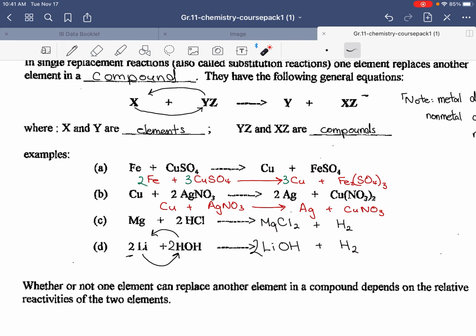In this case, we assume it does, and it does. But there are a lot of reactions where you don't get products. X can't be running around saying, hey, I want to displace Y so I can hook up with Z because I am big and bad, just like that. No.